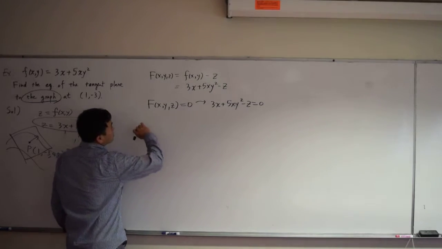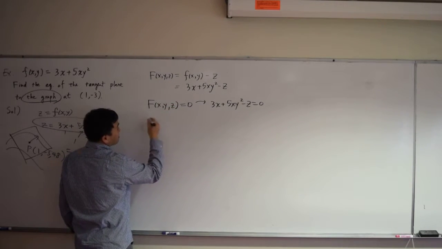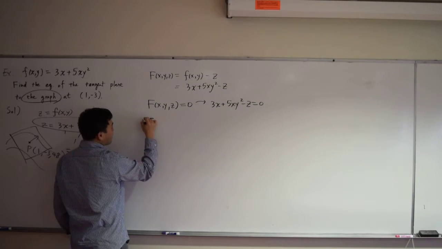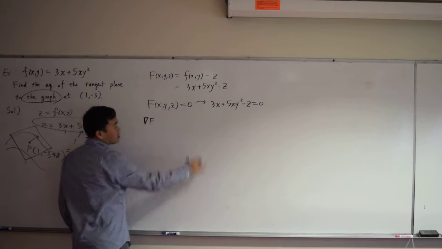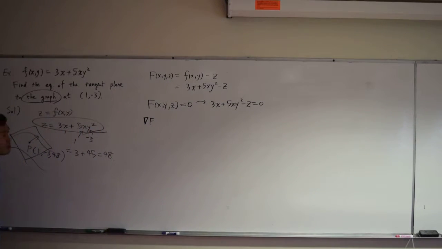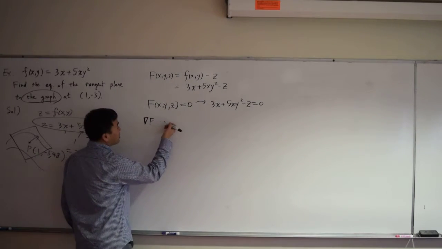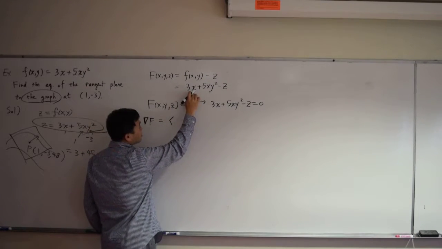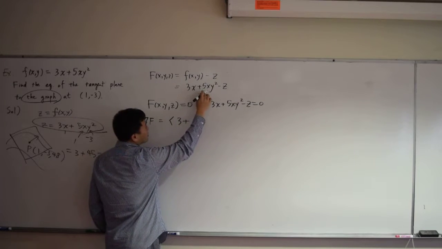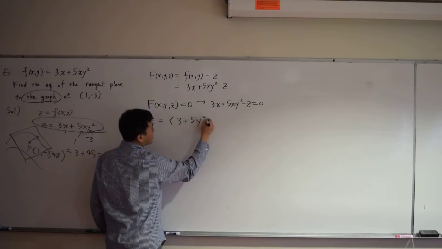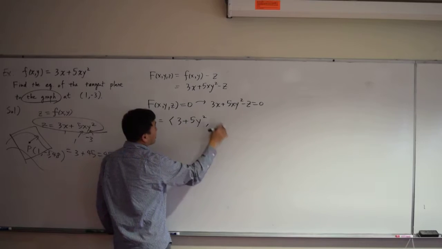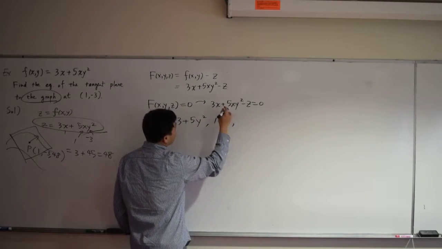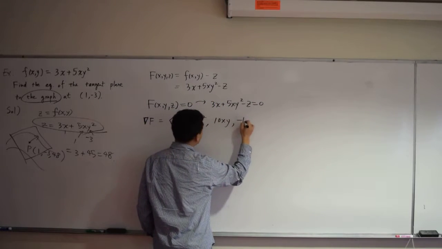All right. So why do we want to think of it as a level surface? Because if that's the case, we know that the gradient of this function here is perpendicular to the level surface. So let's calculate the gradient. The gradient is, if I differentiate by x, it's 3 here, and then 5y squared. And then if I differentiate by y, that's 0, but that's 10xy. And then if I differentiate this by z, it's -1.